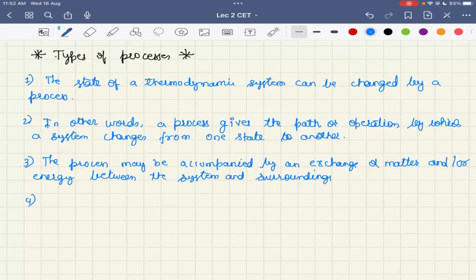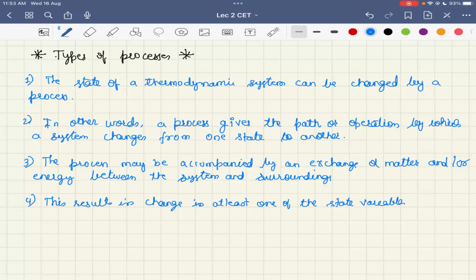Right? This results in change in at least one of the state variables of the system.